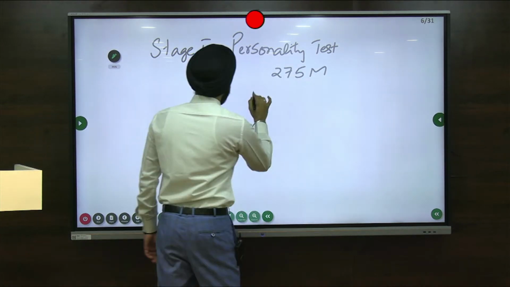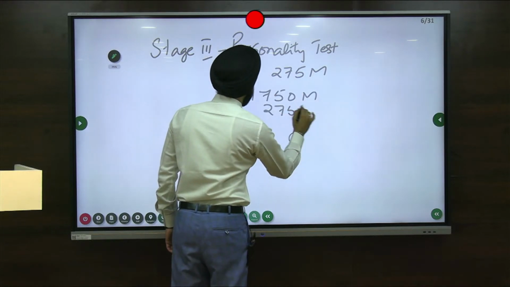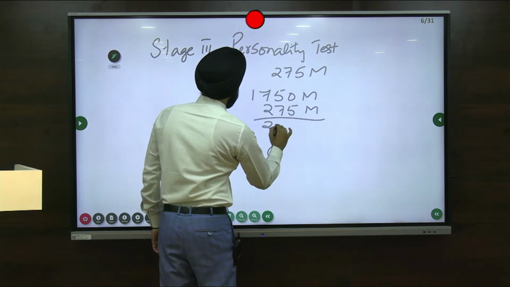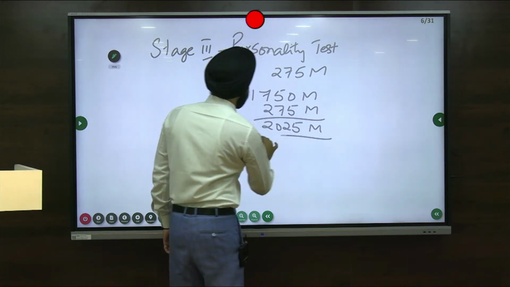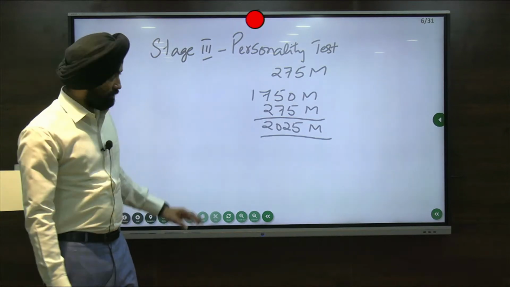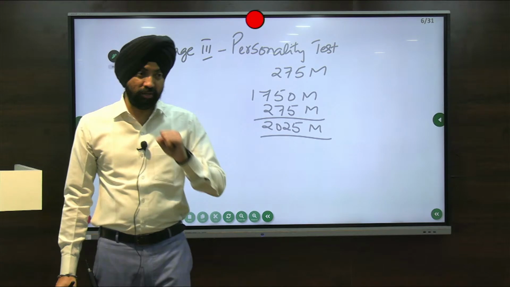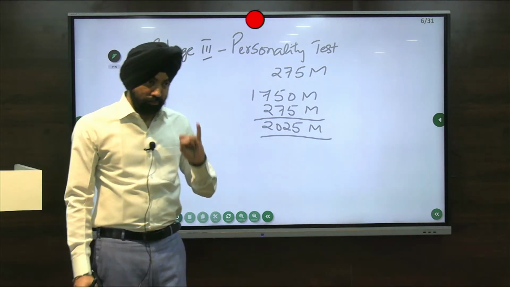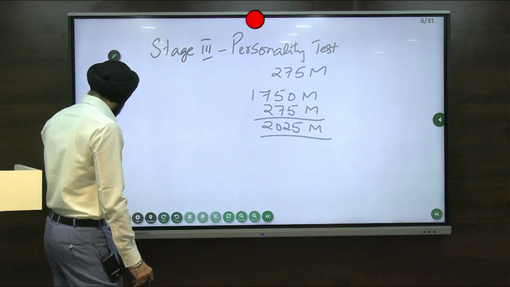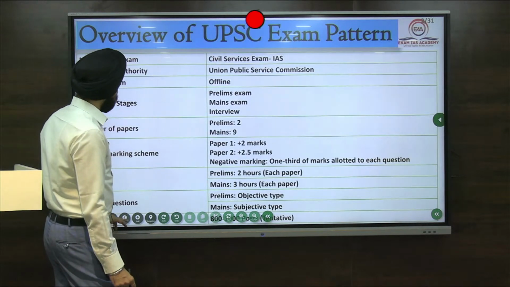So the 1750 of mains plus 275 marks means the complete total score of UPSC is 2025 marks. As we discussed, there are 3 stages: prelim stage, main stage and finally the interview stage.